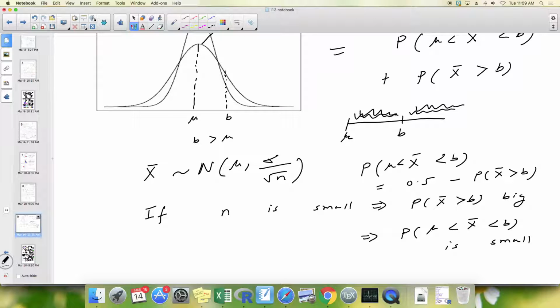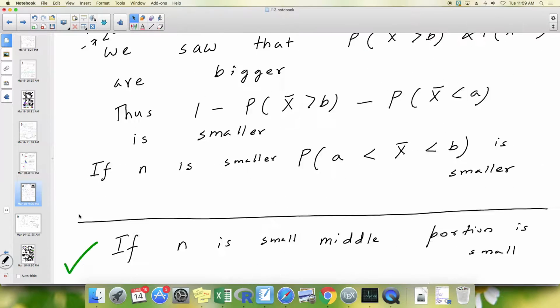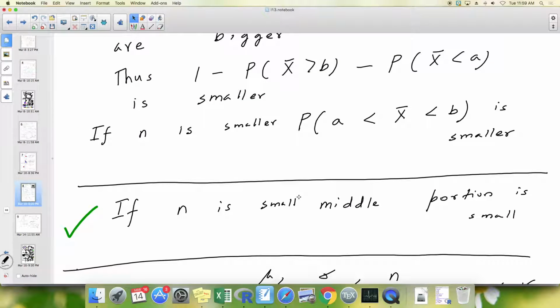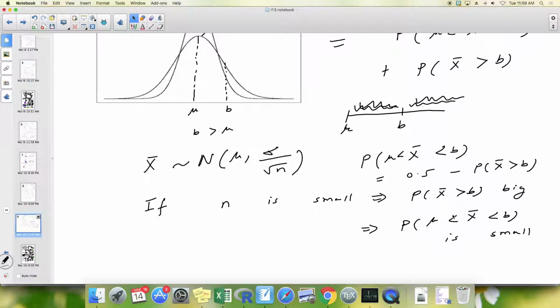Okay, so that's a slight detour we took, but look at this. Is it really hard to remember? Here we claimed if n is small, middle portion is small. And in the next example we did, if n is small, this probability is small.